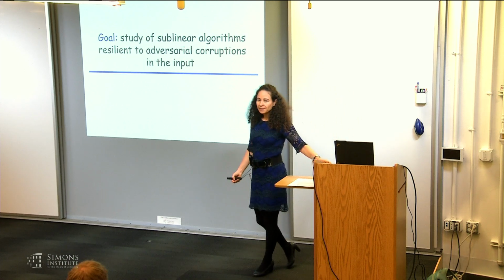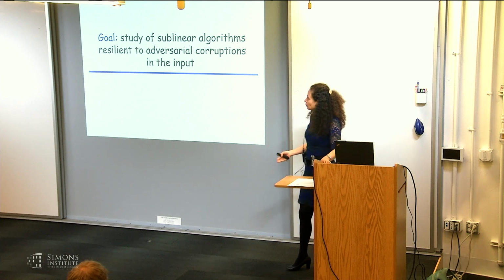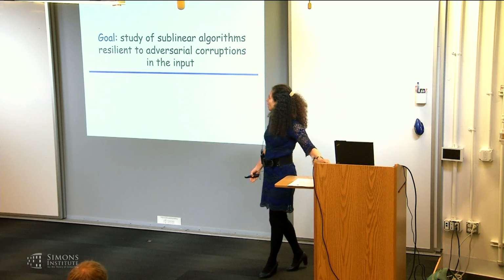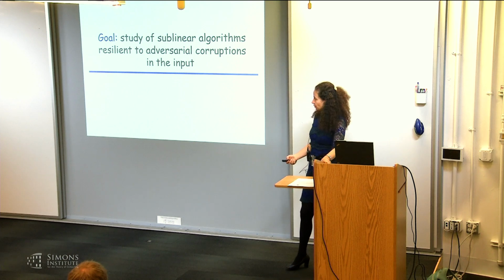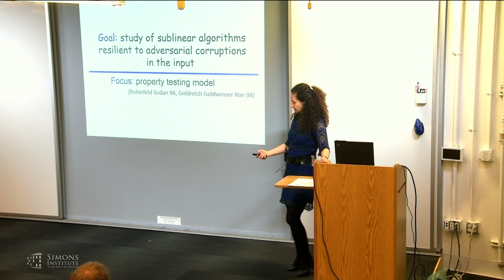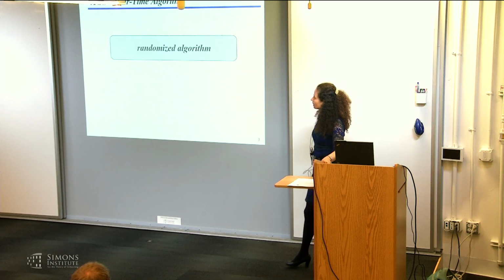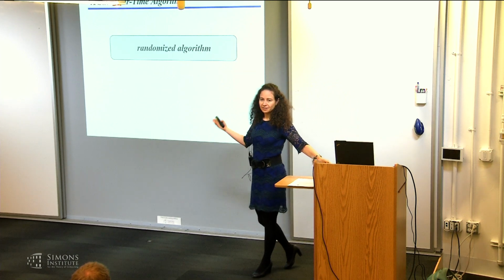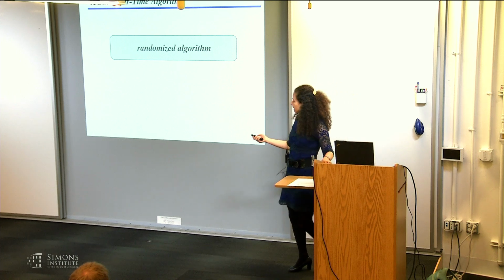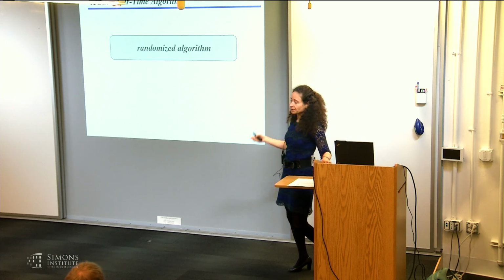Okay, so our main motivation for this line of work was to study sublinear algorithms that are resilient to adversarial corruptions in the input. And specifically, we'll focus on the property testing model. So this is a standard picture of a sublinear time algorithm.